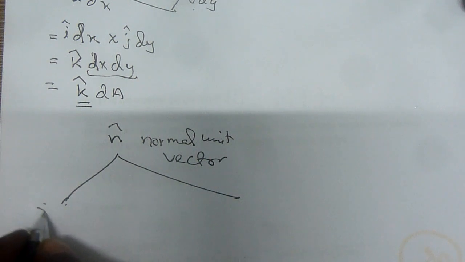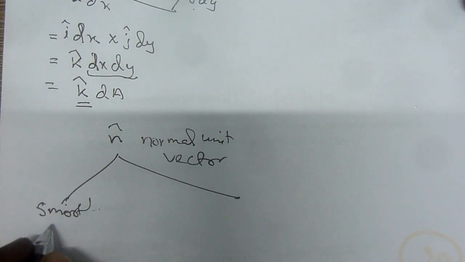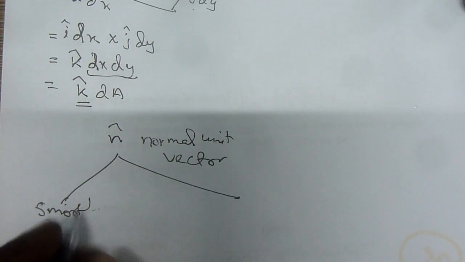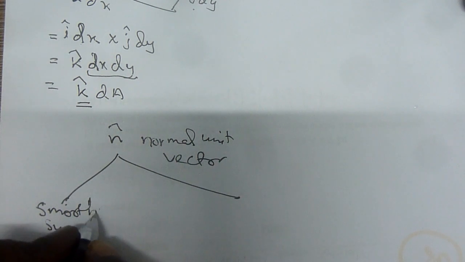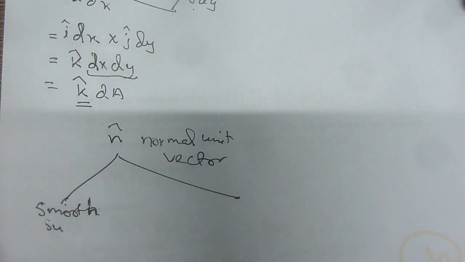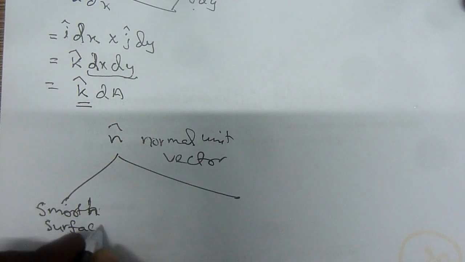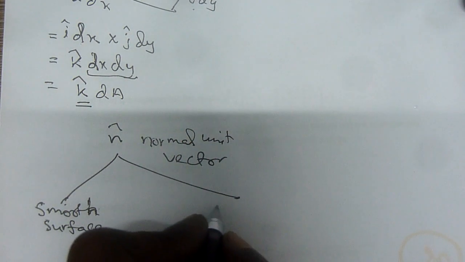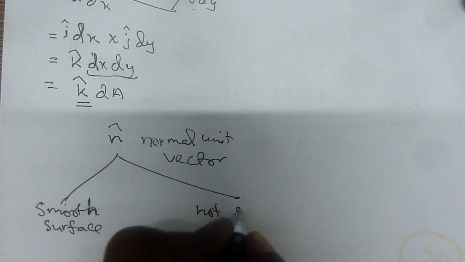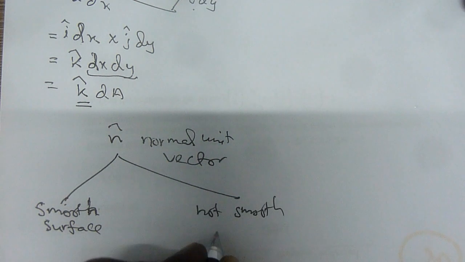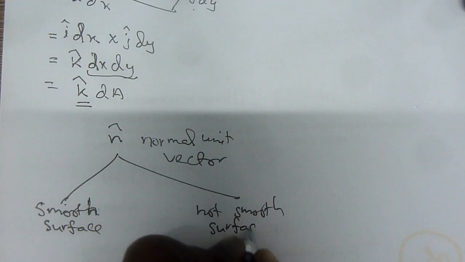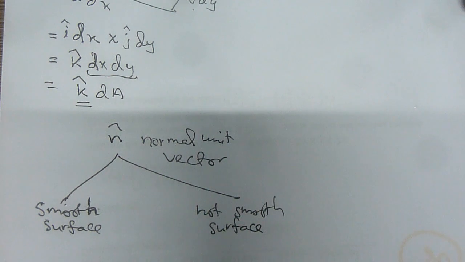One is what we call a smooth surface. Another one is not a smooth surface.